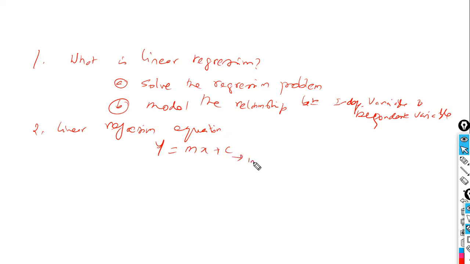Here the c is the intercept. Yes, you are correct, Sri and Deepika. And here the m is the slope. What is slope? What is intercept? We discussed it. And here the y, what does it tell us?